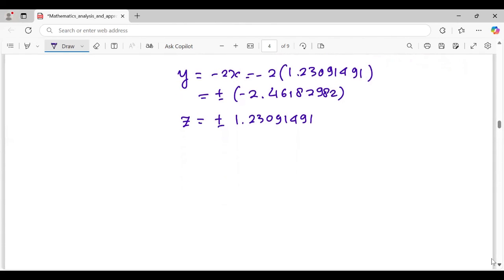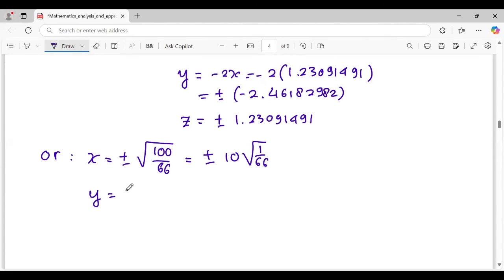In fraction, I would like to write X, Y, and Z as fractions. X is plus or minus the root of 100 over 66, which is 10 times square root of 1 over 66.